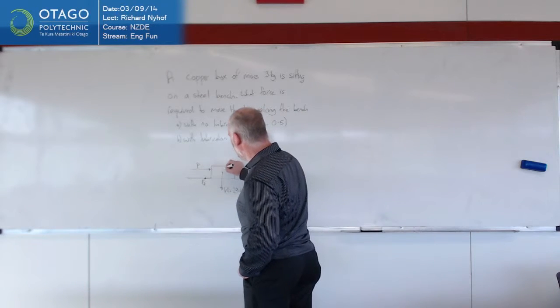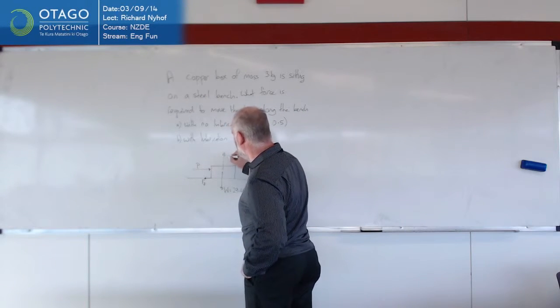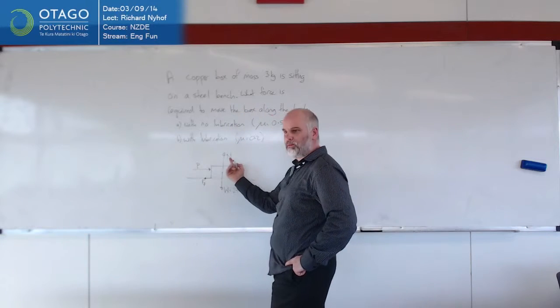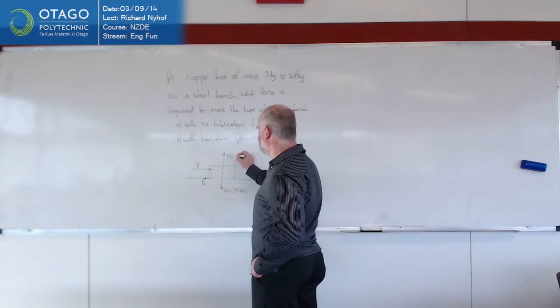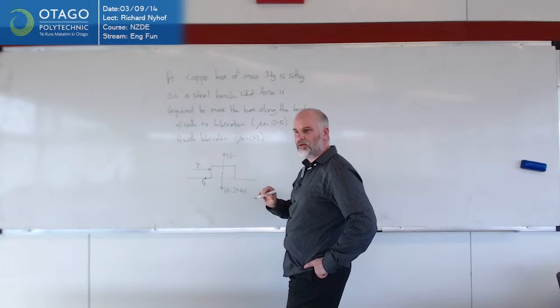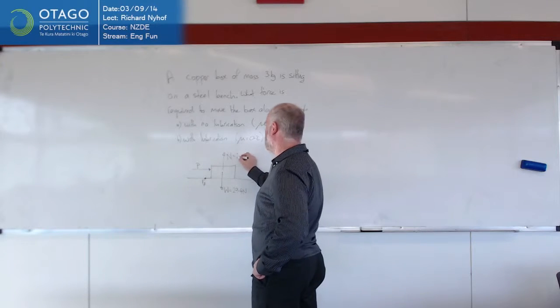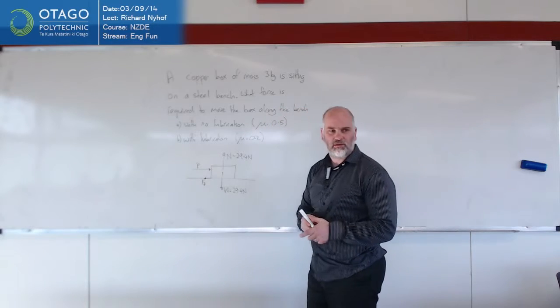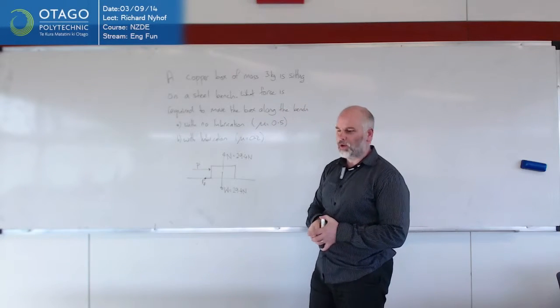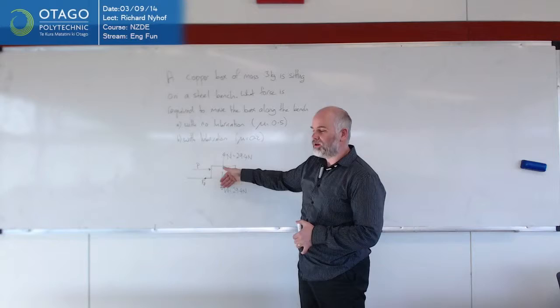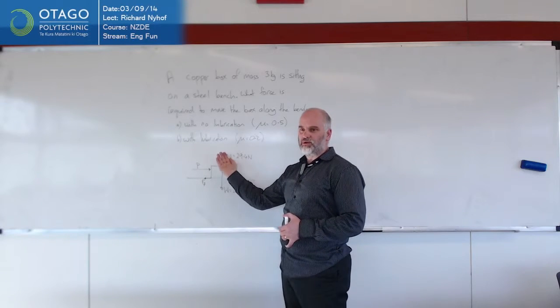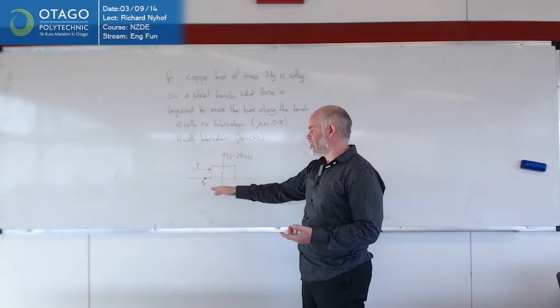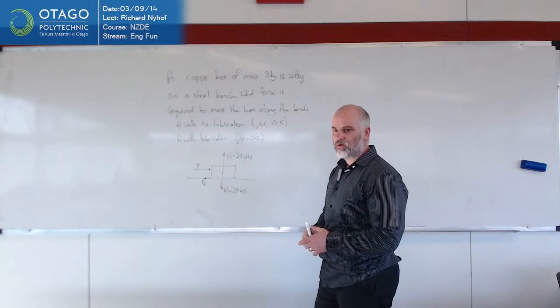This upward force is the normal force, the bench pushing back on the box. And the size of that force is going to be 29.4, because our box isn't going up or down, it's just going along. So whatever's pushing it down, gravity, has got to be equated by whatever's keeping it up, which is the reaction force of the bench, normal.